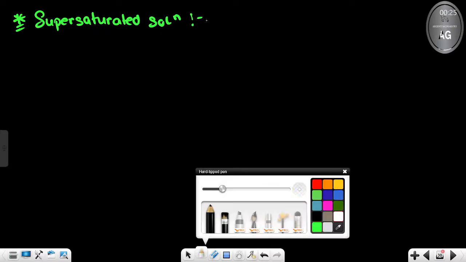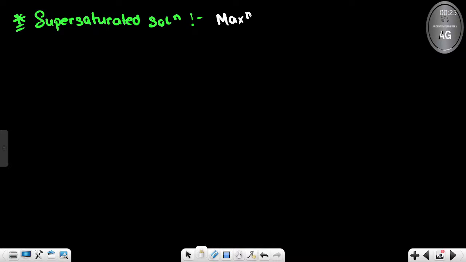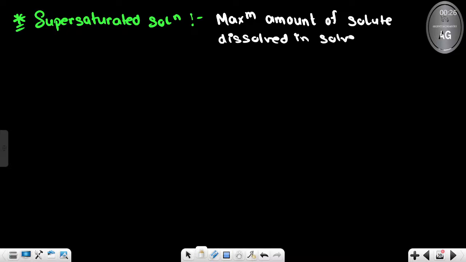Supersaturated solution means maximum amount of solute dissolved in solvent at higher temperature. That means after heating you have done that, not at normal temperature. Normally it is unsaturated. After the saturated solution you are heating it and you are dissolving more, then that is a supersaturated solution.